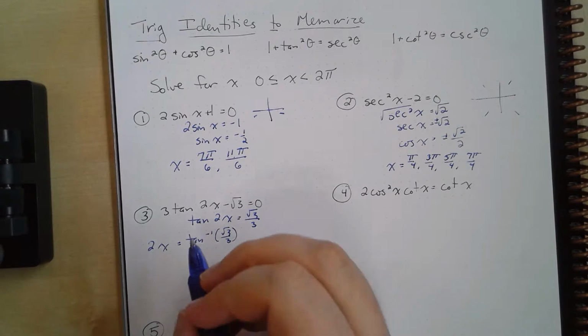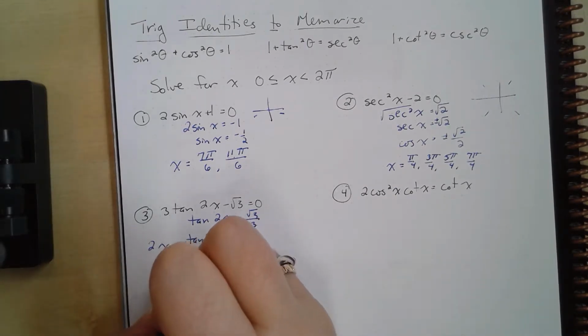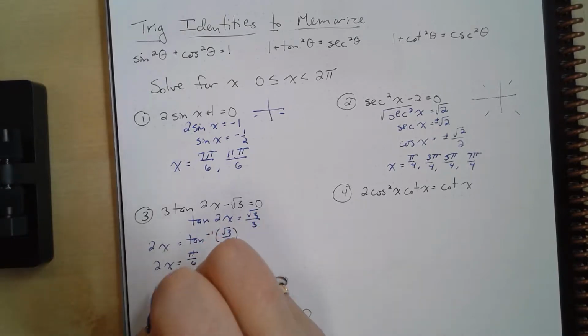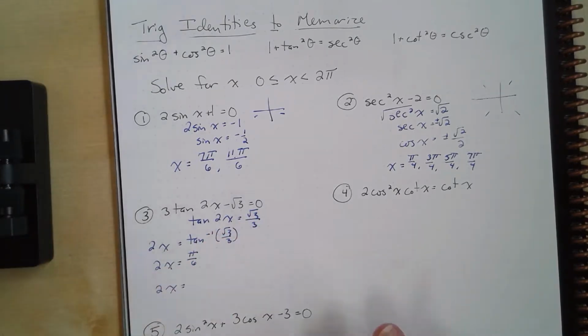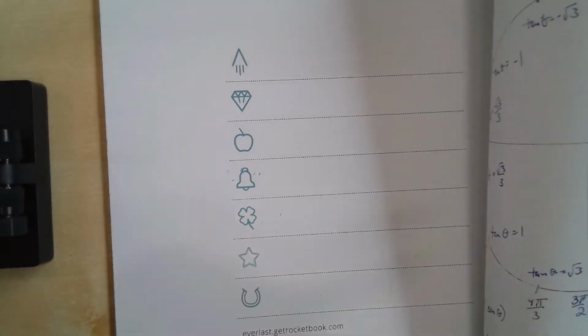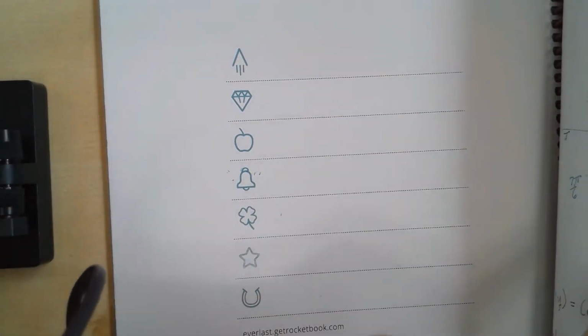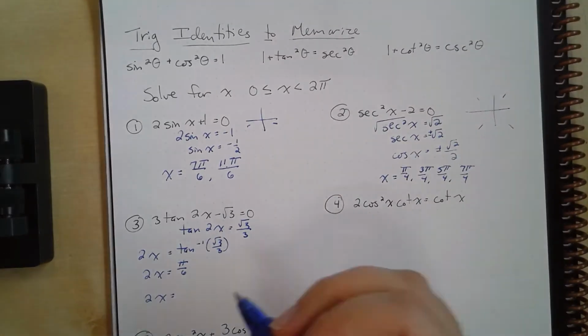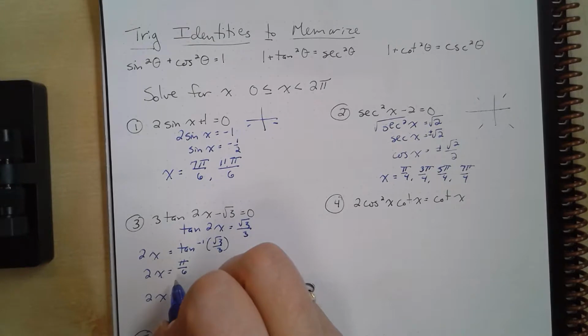So what's 2x going to be equal to? Well, 2x could be equal to pi over 6. Let's go back to our unit circle here. What's radical 3 over 3? Well, it's going to be pi over 6 and 7 pi over 6. So 2x could be equal to pi over 6, and 2x could be equal to 7 pi over 6.